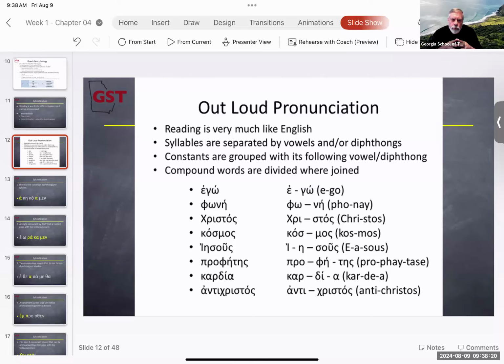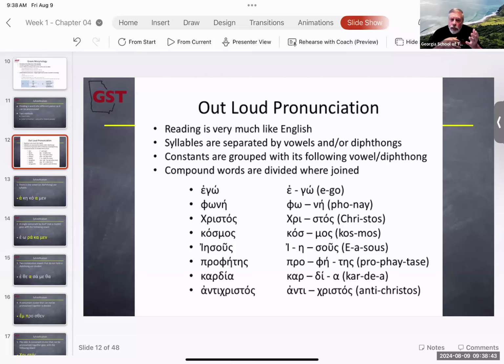So notice the first word, and I've divided it out for you. Can you pronounce the first word? Well, it's got the letters beside it, ego. I was trying to read it without that. Exactly.